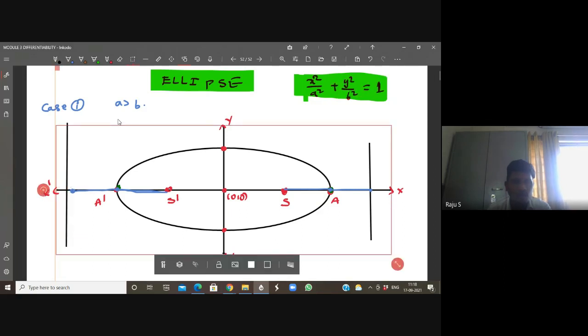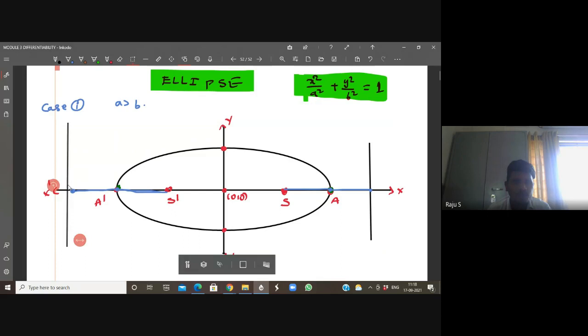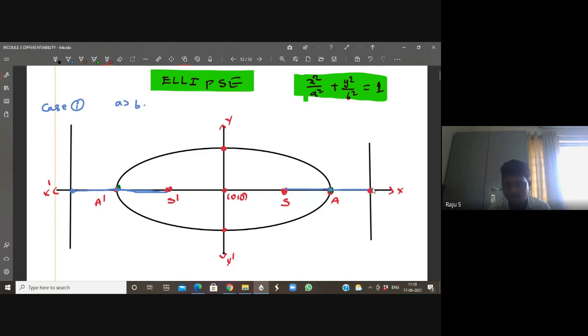And student, can you tell me, the foot of the directrix can be denoted by what in parabola? Yes, the foot of the directrix is denoted by Z. Here Z dash.